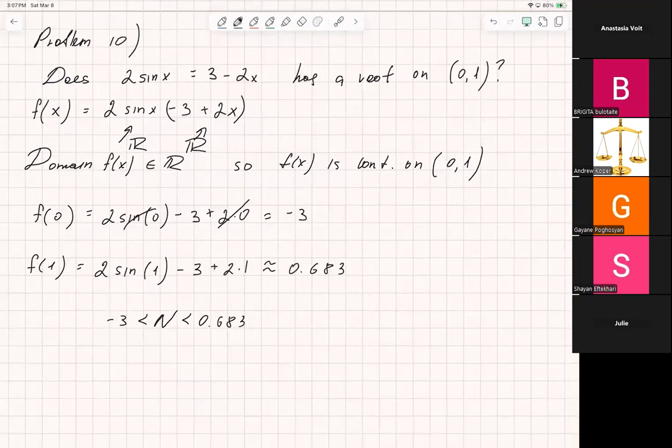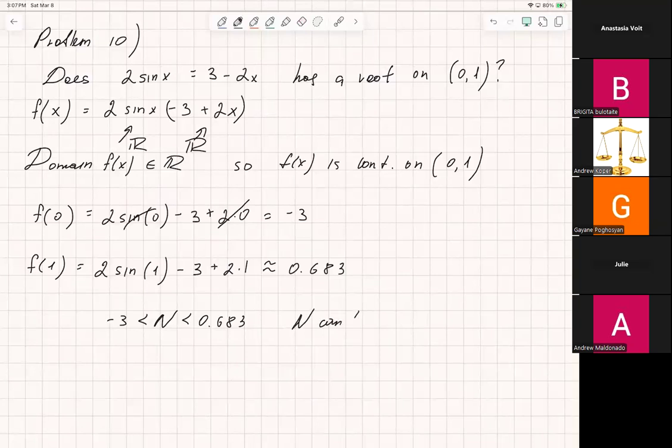Now, our n can be a value between negative 3 and 0.683. As long as one of them is negative and another one is positive, right? We're fine. So we can say that n can be 0, so there exists a number c between 0 and 1 such that f of c is equal to 0 by the intermediate value theorem.